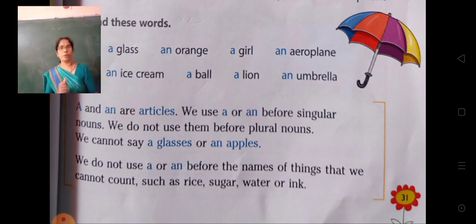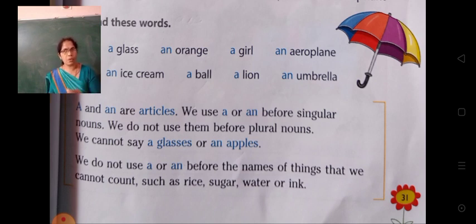Again we do not use a or an before the names of things that we cannot count, such as rice, sugar, water or ink, means we have to use the articles a or an only with countable nouns. The things which we cannot count are called uncountable, and we cannot use the article a or an before such nouns.